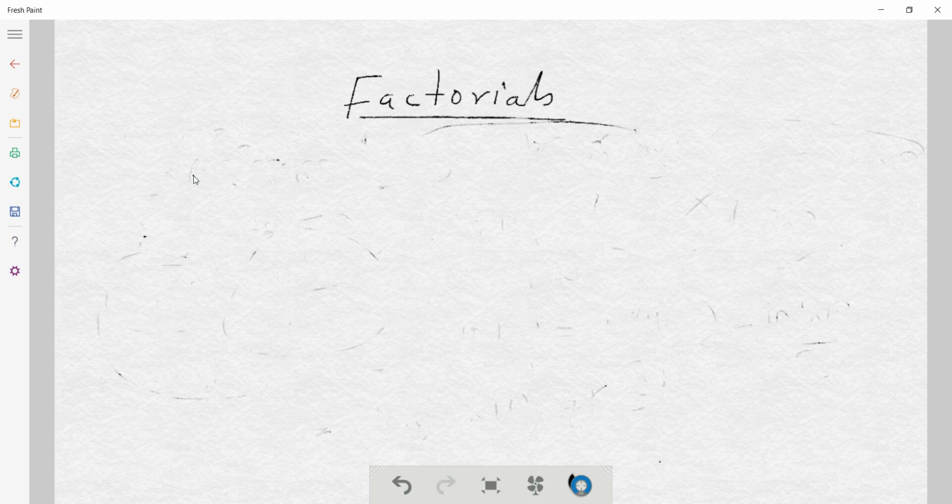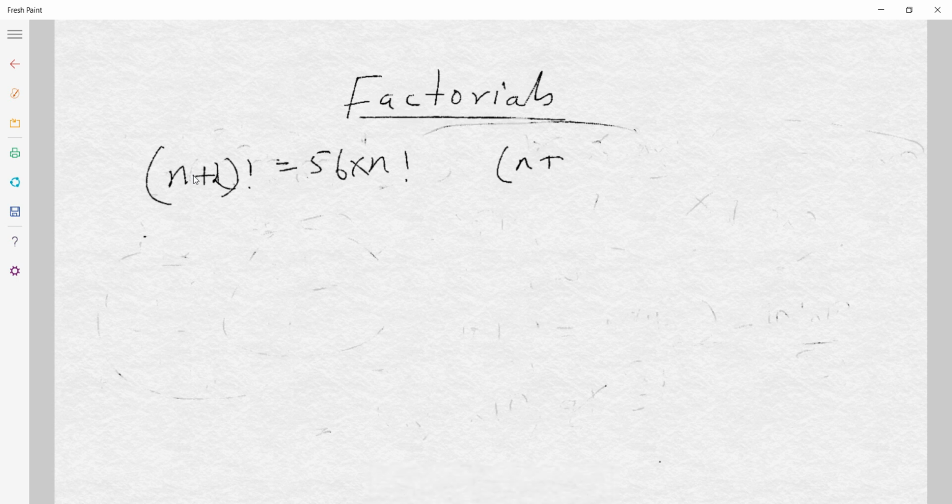Find the value of n, if n plus 2 factorial equals 56 times n factorial, and n plus 1 factorial equals 30 times n minus 1 factorial.